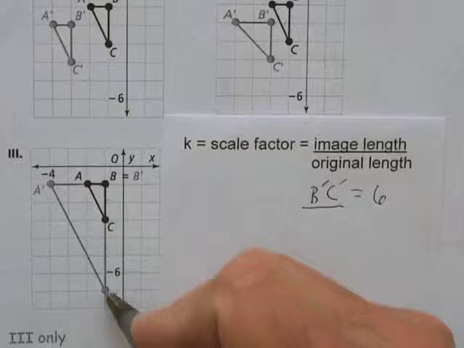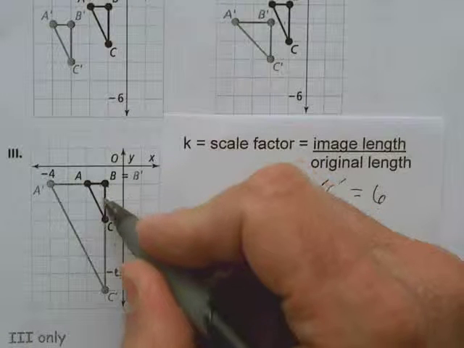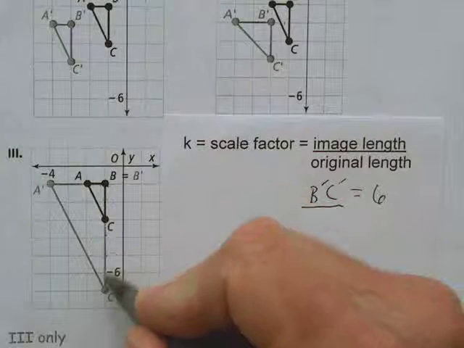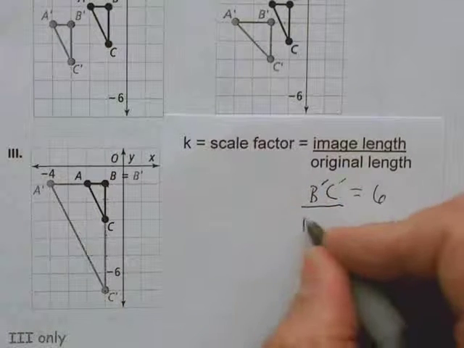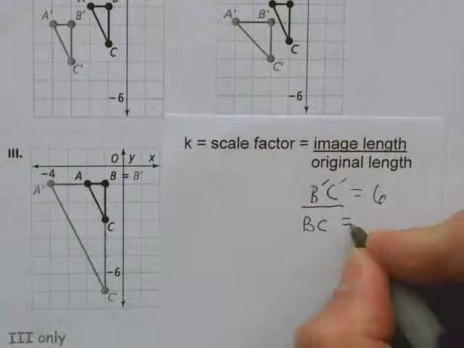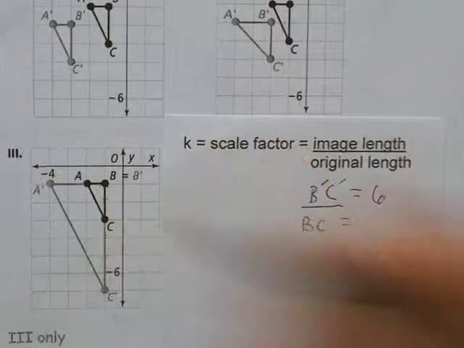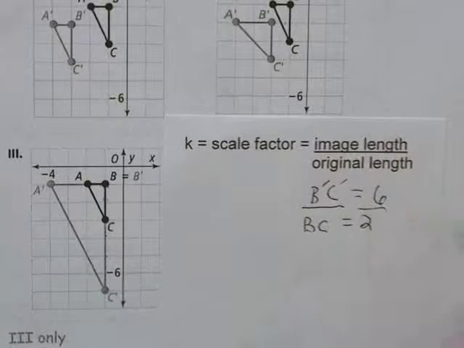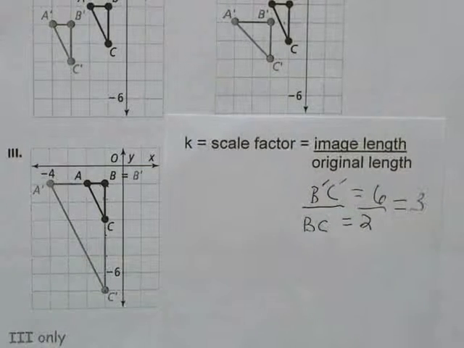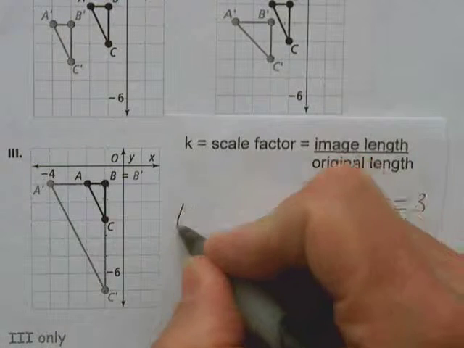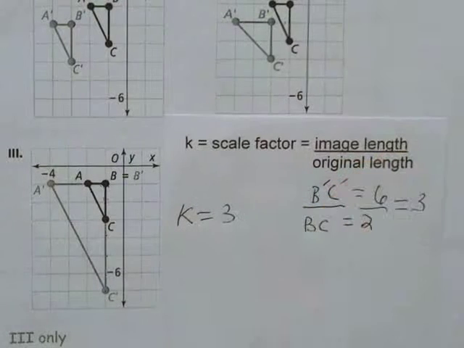In other words, I'm just going to count from B. 1, 2, 3, 4, 5, 6. That's 6 units. And BC, the original corresponding length, is 1, 2. Length of 2. So I've got a fraction of 6 over 2, which simplifies to 3. In other words, the scale factor here, k, equals 3.